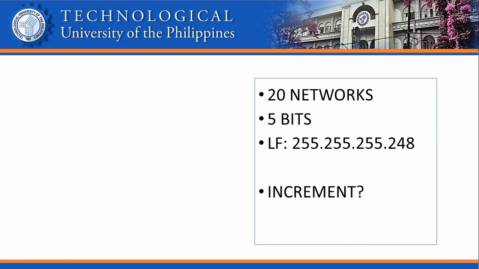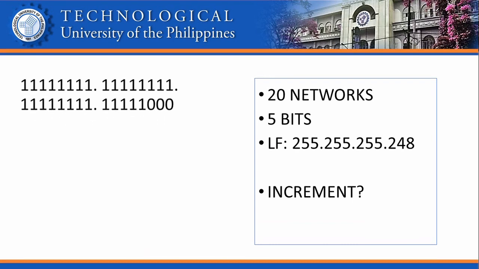And for our fourth step, ilang increment? Okay? So, in getting the increment, kailangan natin tumingin doon sa long format natin. Nasa fourth octet and pang fourth bit. Sige, i-convert natin siya into decimal notation. Ito yung fourth octet natin.